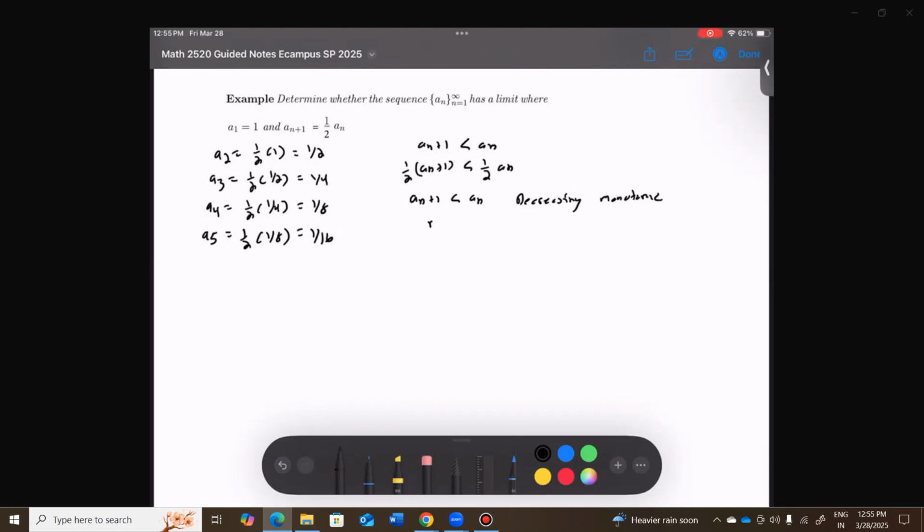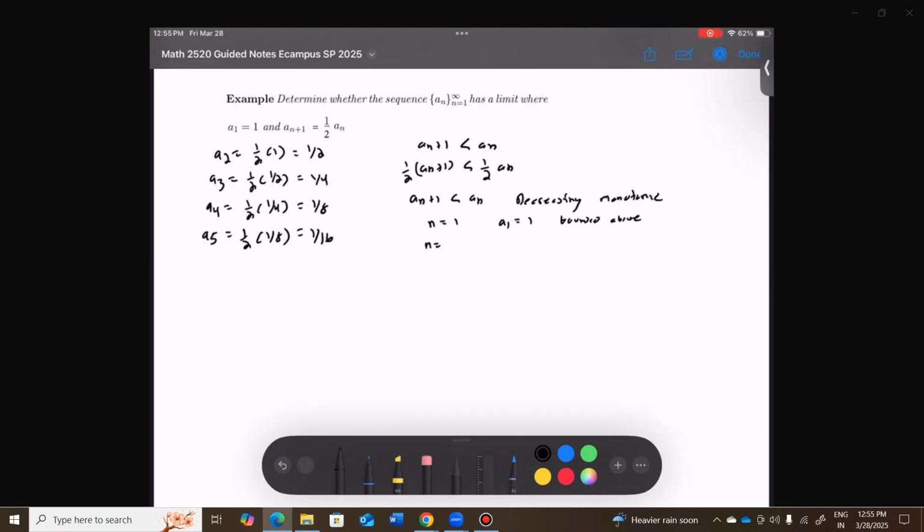If n is equal to 1, then we have a sub 1 equals 1. That's bounded above, since it's decreasing.